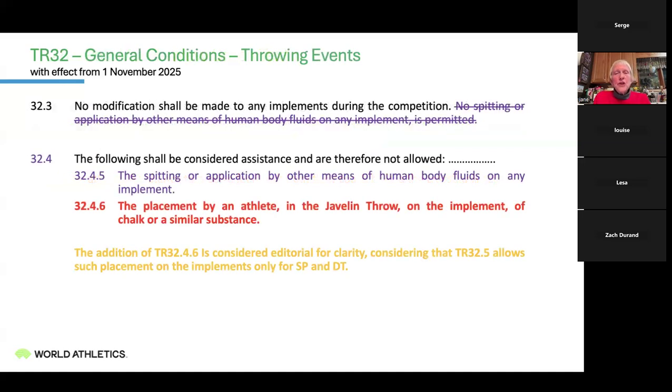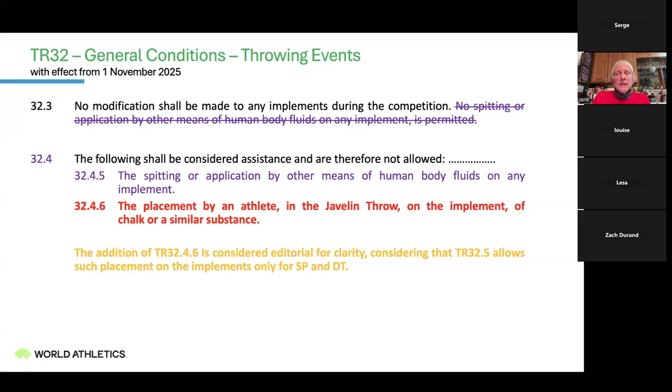Throwing events, we've just changed the location of one of the rules. In 32.4, under things that shall not be allowed or are considered assistance, we've added the spitting or application by other means of human body fluids on any implement. So just a reminder, human body fluids on any implement is not acceptable.